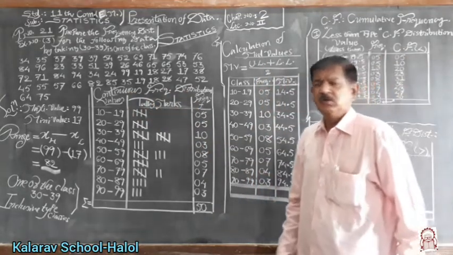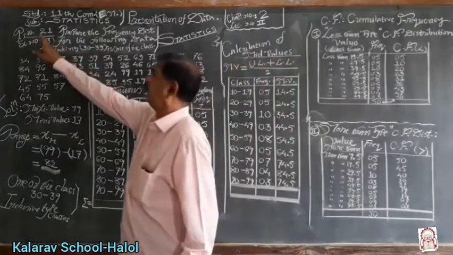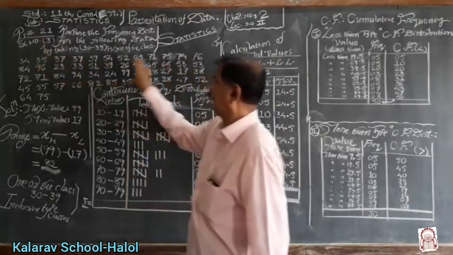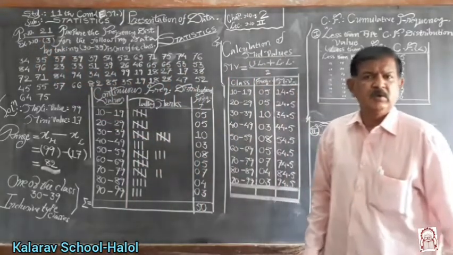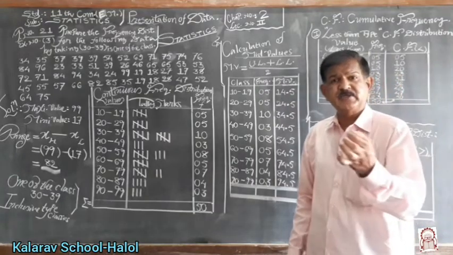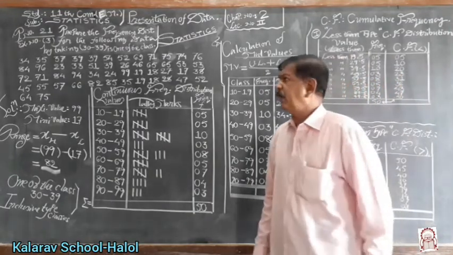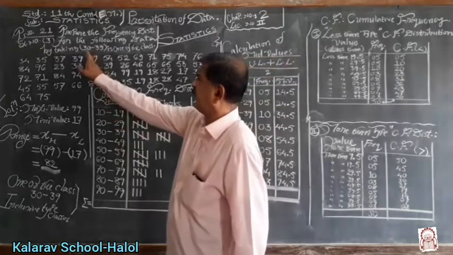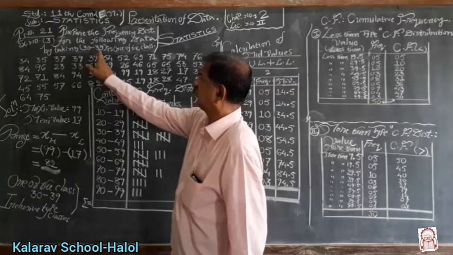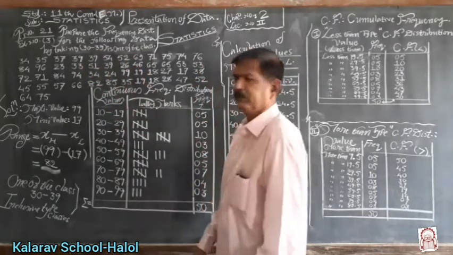In our textbook, page number 21, example number 3, for the given data, we have to prepare the frequency distribution table by taking 30 to 39 as one of the classes.